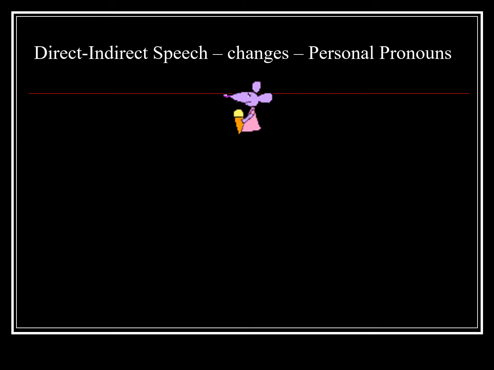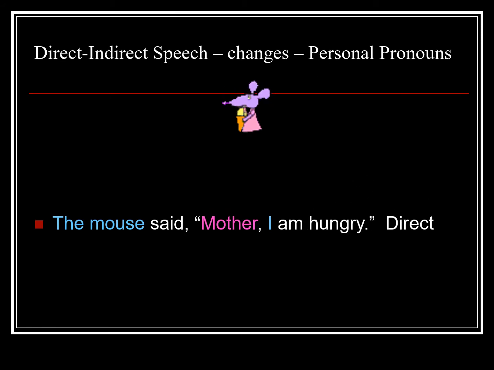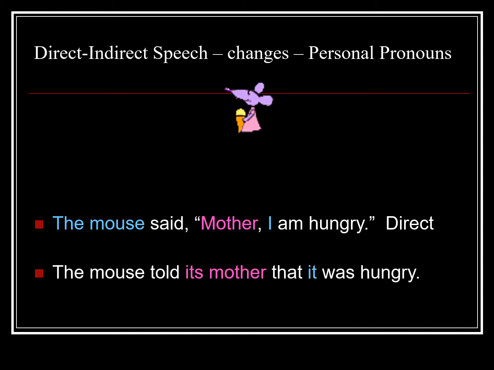Changes in personal pronouns. The mouse said, "Mother, I am hungry." It's a direct speech. So when we convert it into indirect speech, it becomes the mouse told its mother that it was hungry.